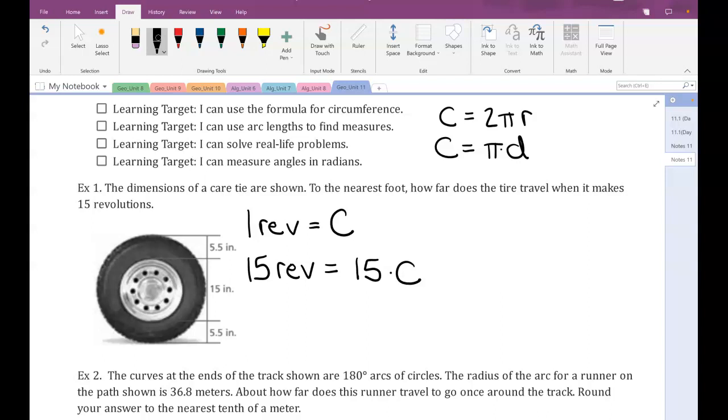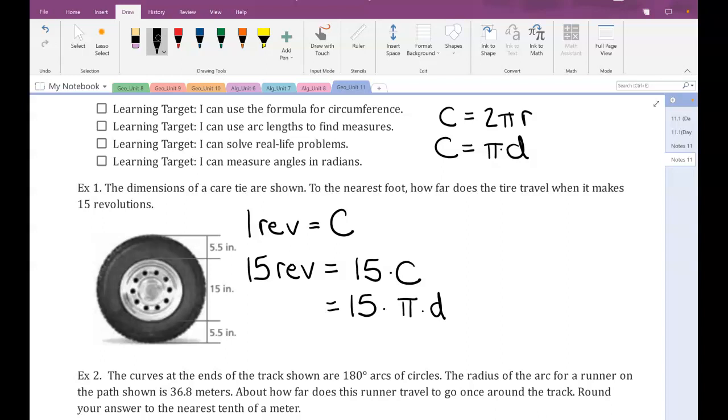So we're going to use pi times our diameter to find our circumference, because from the hub of the wheel, we'd have to split 15 in half and then add 5.5. It's probably easier if we just add all this up together to find our diameter. So the distance that we travel in 15 revolutions is equal to 15 times pi times our diameter.